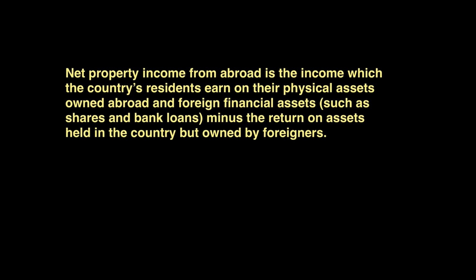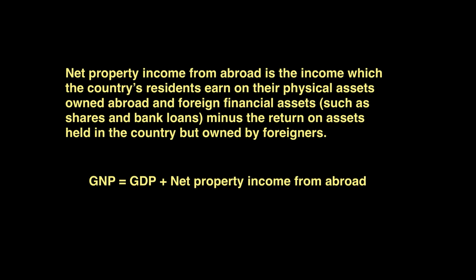So, for example, if there's a multinational company that is operating in Pakistan, its output will not be part of our GNP but will be part of GDP, because GNP only looks at the country's residents' output. So we can say that GNP is simply GDP plus net property income from abroad.